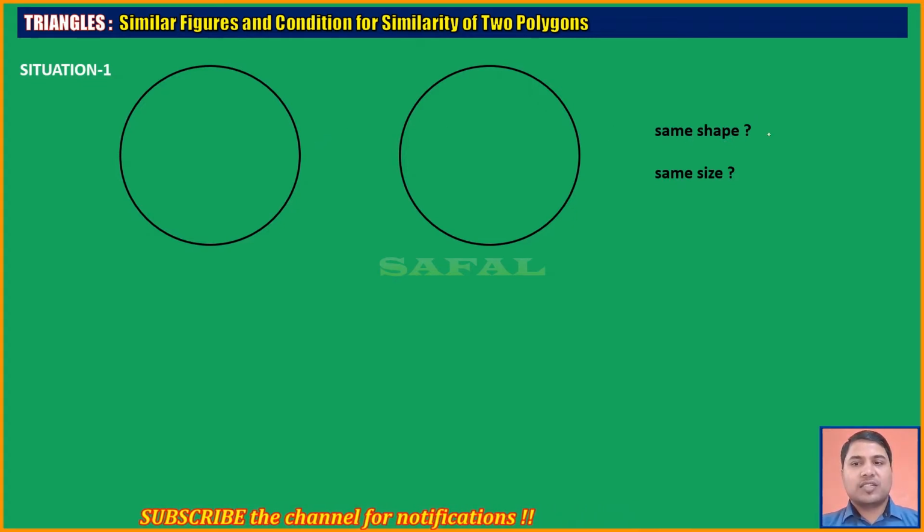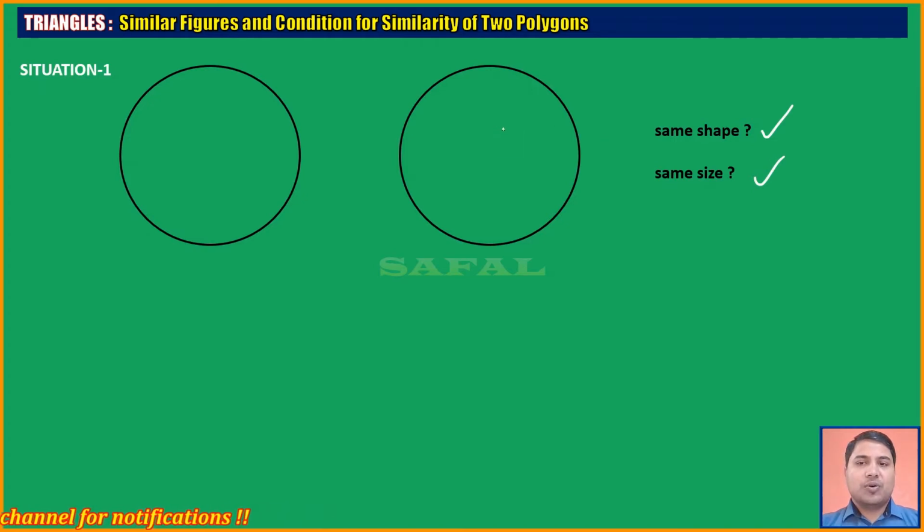Of course both are circles, so the answer is yes. Are they of the same size? Yes. So if shape is same and size is same, I can superimpose one on the other and I will be able to see just one.